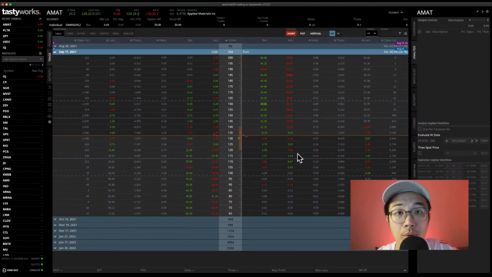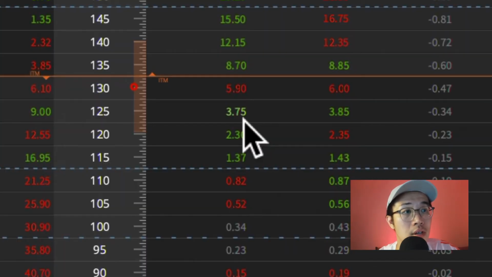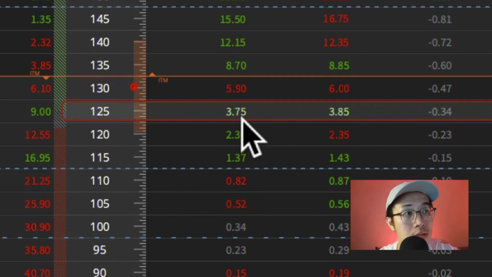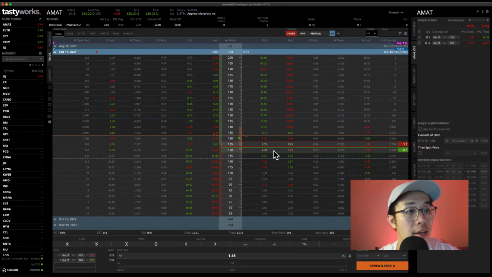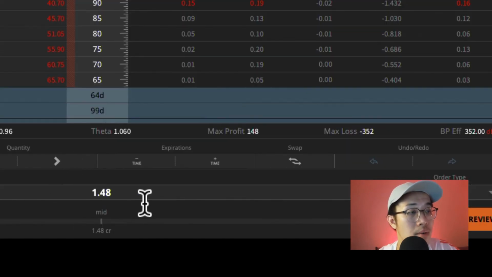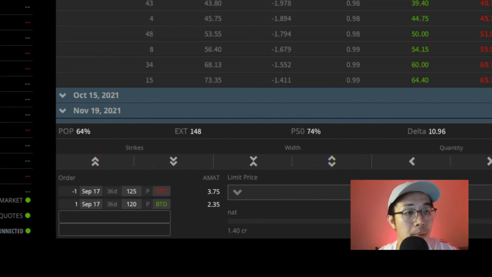We're going to take a bull put spread. So I'm going to short the put option that is about 30 deltas, and I'm going to long the next strike put option. And therefore, I will be collecting a premium of around $150, and my max loss is $350.